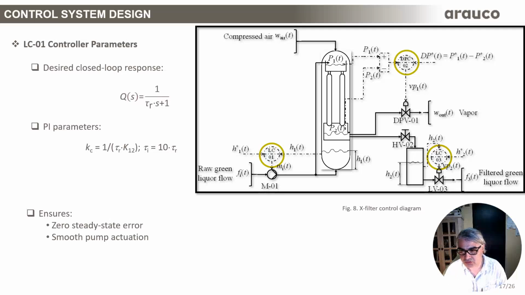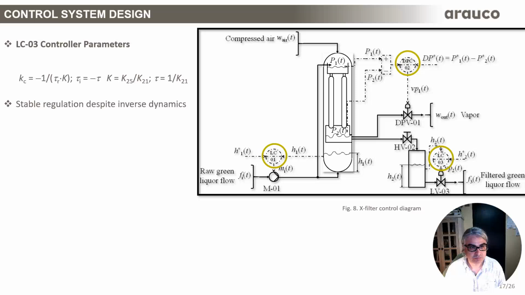Now, the second control loop regulates the storage tank level. Unlike the previous case, this plant exhibits a first-order inverse response. So, the direct synthesis method is again employed, with appropriate sign compensation to maintain closed-loop stability. These controller parameters ensure stable and robust operation even in the presence of inverse process behavior.